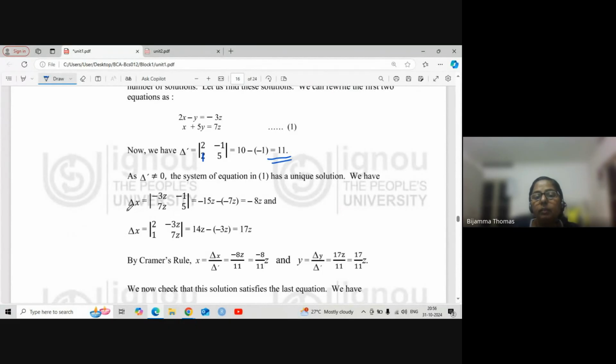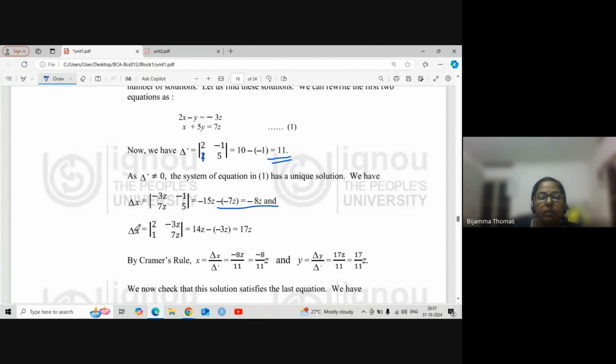Then we have to identify delta x. For delta x, the first column will be replaced by the right hand side, so it will be minus 3z, 7z, and the second column has no change. Identify the value of delta x; it will be in terms of z.